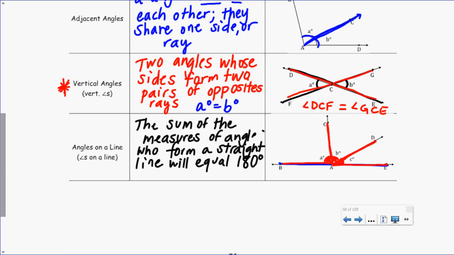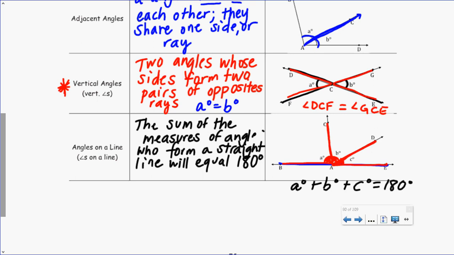That means that A degrees plus B degrees plus C degrees equals 180 degrees. These don't have numbers yet, so the examples we're going to do will have numbers, so we can actually solve for missing angles.